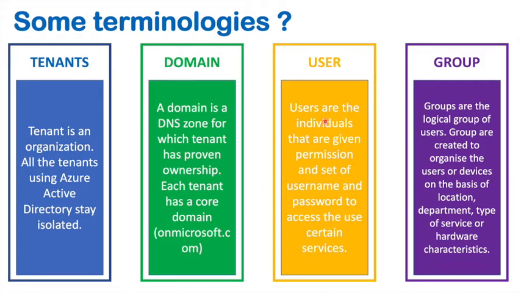So users are the individuals who have been given permission, with a username and password, to access certain services. Then what is a group? You can combine many users into one group to make it easy to give them any access, right? So suppose 200 users are in the development team.